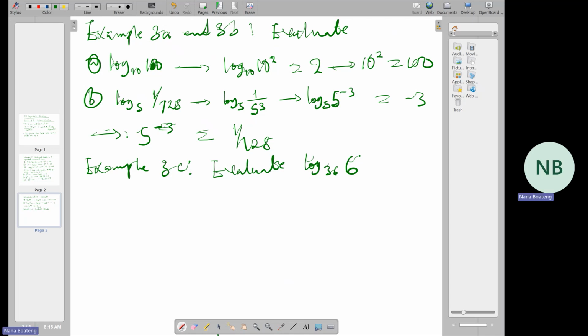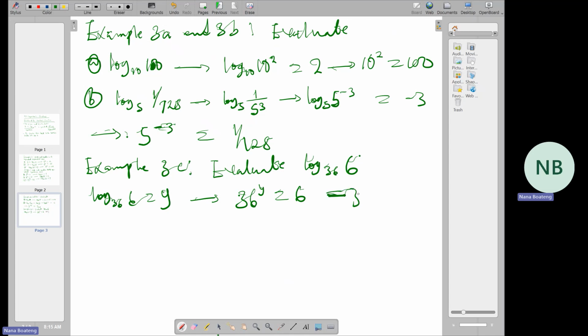So if we set log to the base 36 of 6 equal to y, then we can write this as 36 power y is equal to 6.